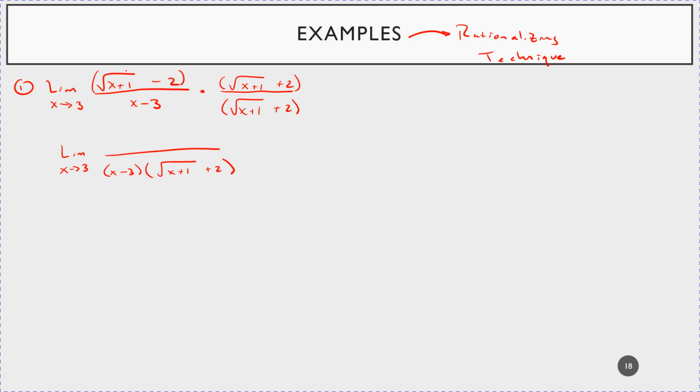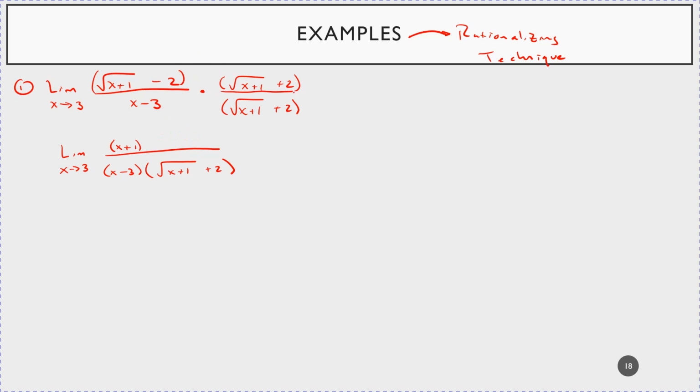Okay, so you're going to have to FOIL. Square root of x plus 1 times square root of x plus 1 becomes x plus 1, right? Then look, square root of x plus 1 times plus 2, and then minus 2 square roots of x plus 1. The middle terms cancel out, right? Like it's the factored version of the difference of two squares.